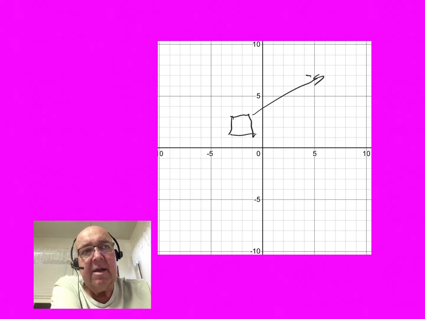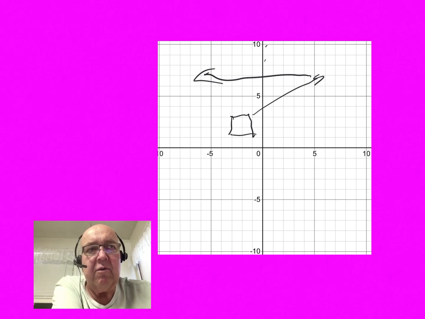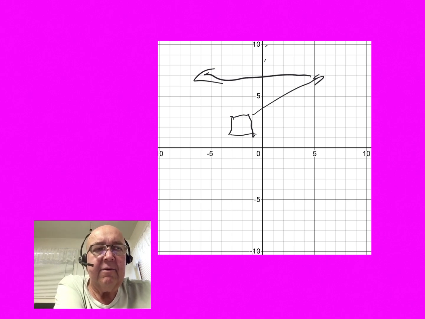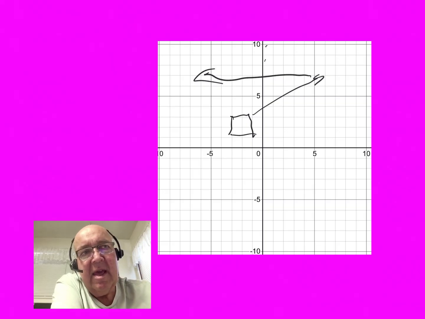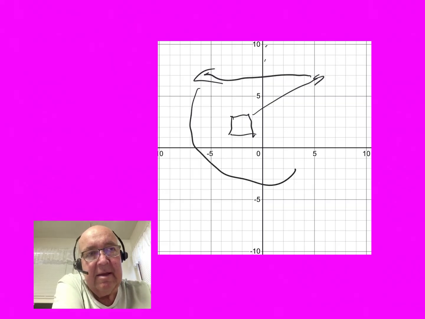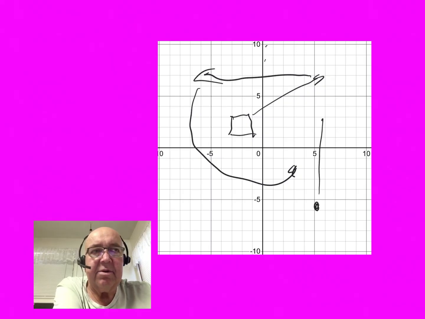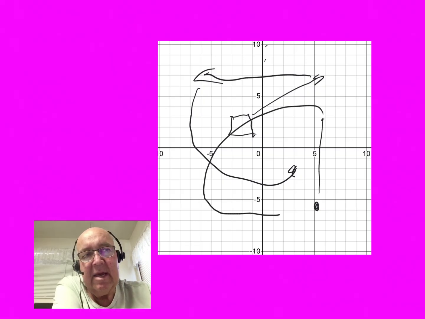Let's say I want to reflect it across that line, x equals 0, and say I want to rotate, and that would actually be down here somewhere. Say I translate straight up, and then rotate again back into this area or over there.